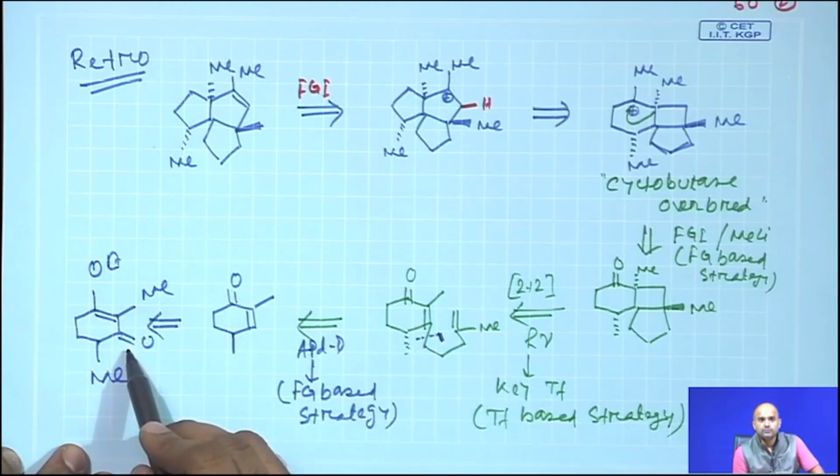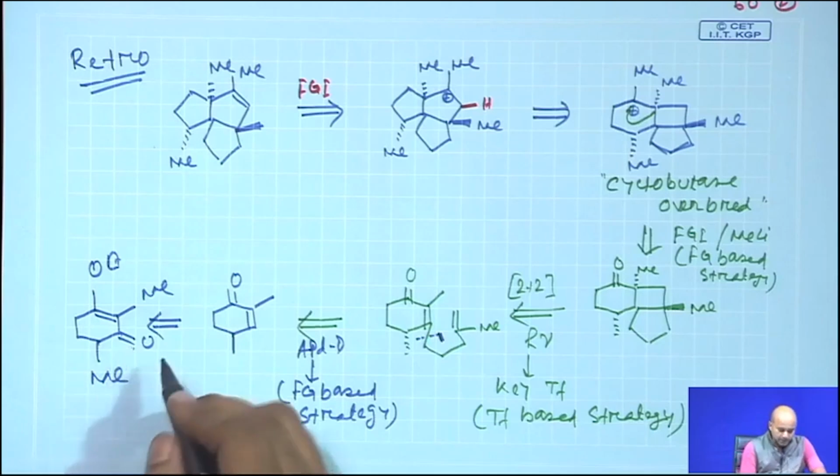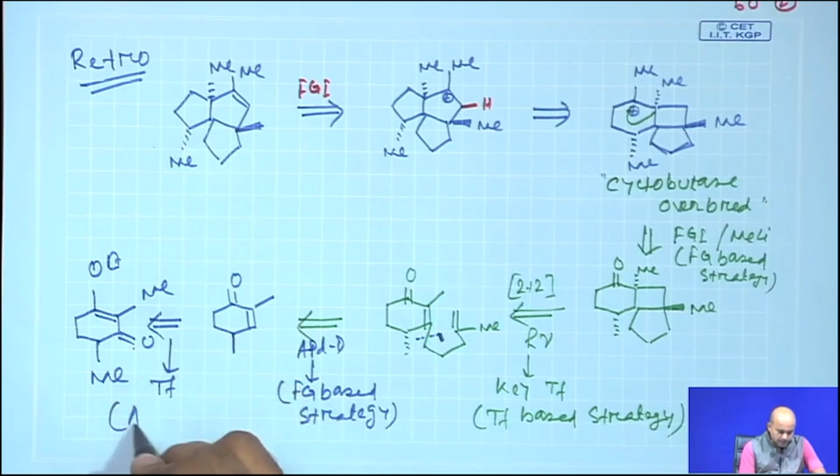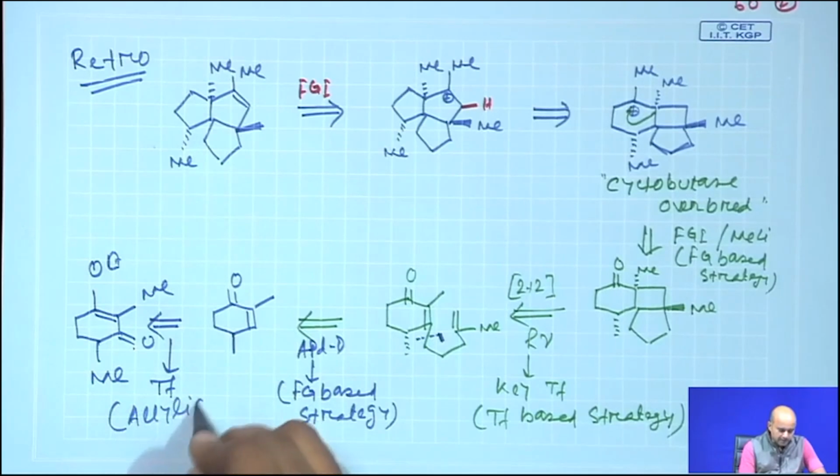Now, this kind of allylic transposition we have already talked about. This is a very unique transformation. If you remember, earlier we talked about this allylic transposition.